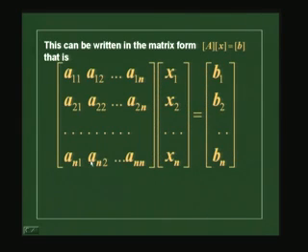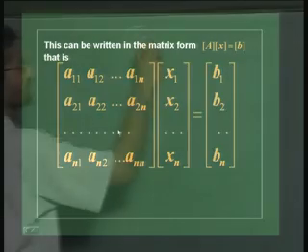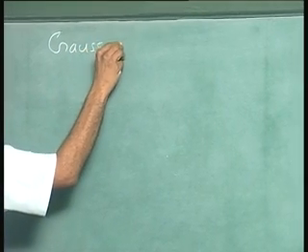We saw one method is that we could write this in the form of a matrix, and then we could invert this matrix and multiply it on this side to get the solution. Instead of directly finding the inverse of this matrix, we were looking at the method called Gauss elimination.